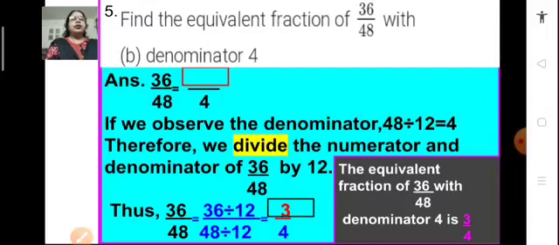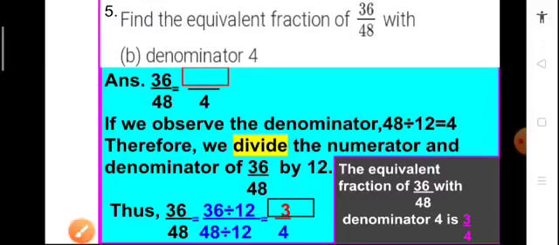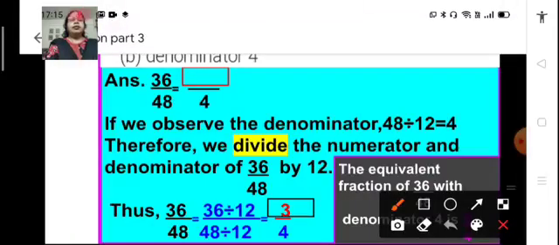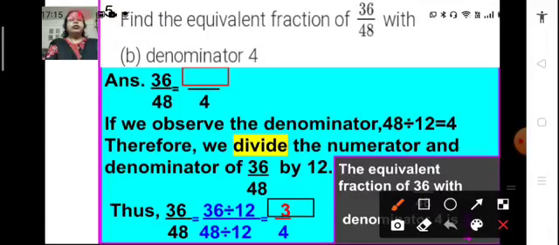Next problem. Find the equivalent fraction of 36 upon 48 with denominator 4. So we have to find the equivalent fraction of 36 upon 48 such that the denominator is 4. How do we get denominator 4 here? We get the denominator 4 by dividing the number 48 by 12, isn't it?